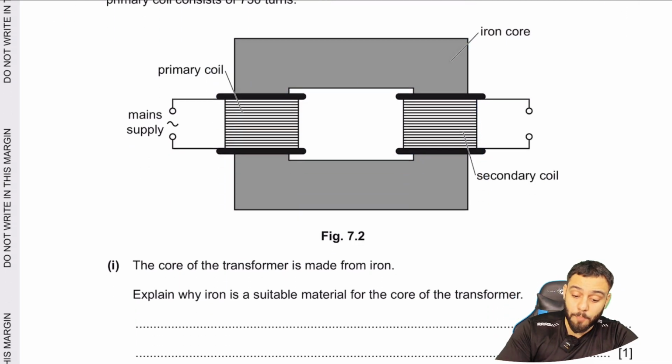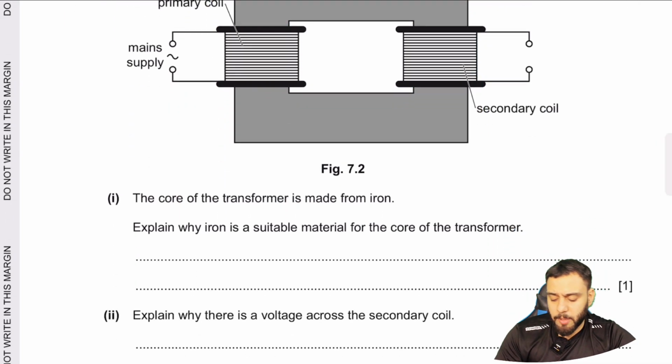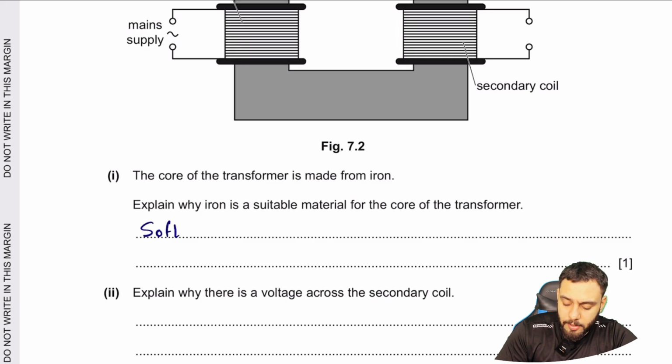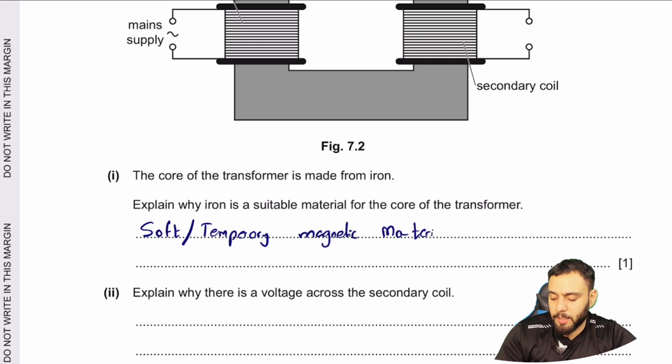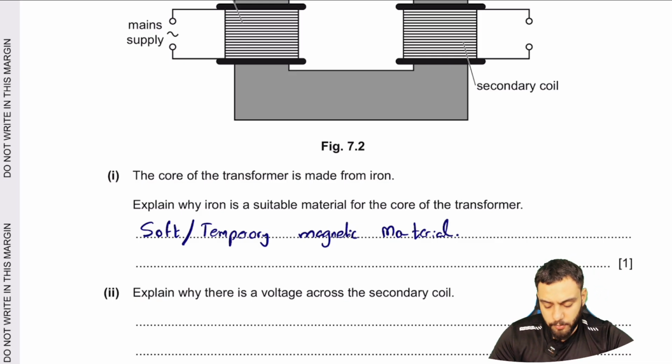Iron is a soft magnetic material, a temporary magnetic material, so that is why it is used. Soft or temporary magnetic material, whatever suits you, is going to be the answer.